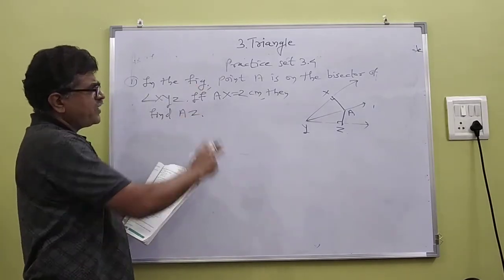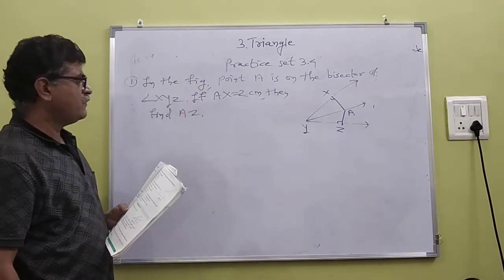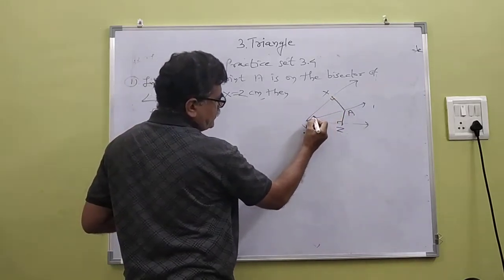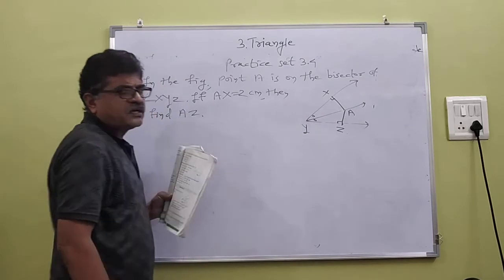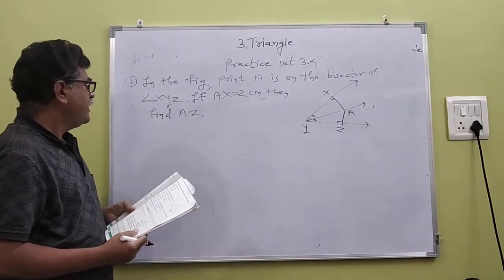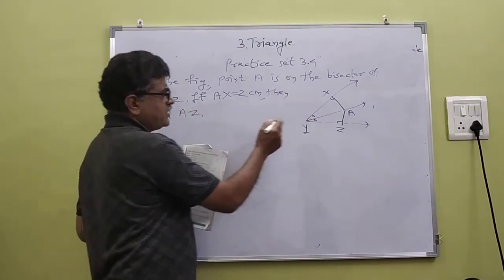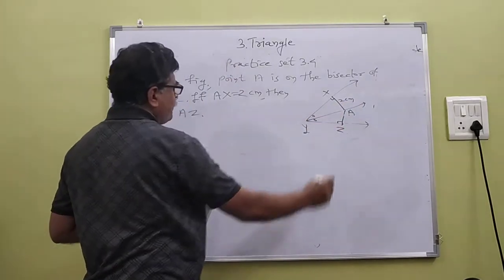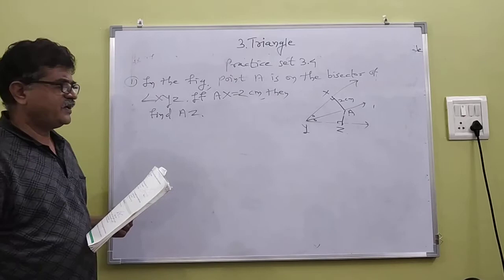In the figure, point A is on the bisector of XYZ. Therefore, these two angles are congruent. And AX is equal to 2 centimeter, we have given. We have to find the value of AZ.